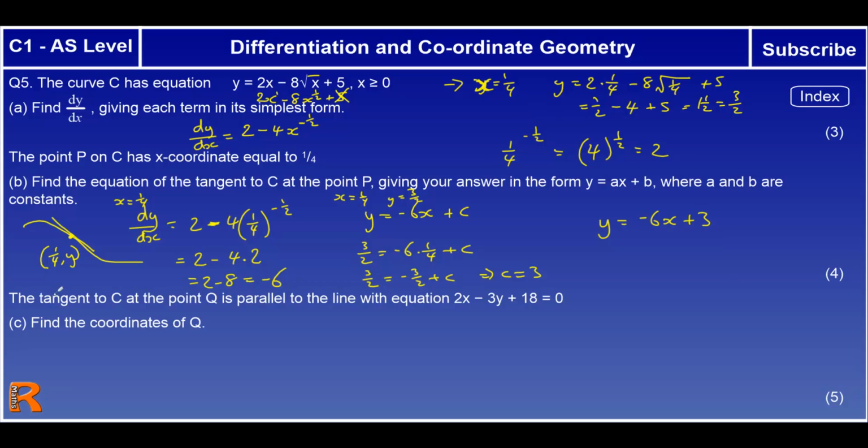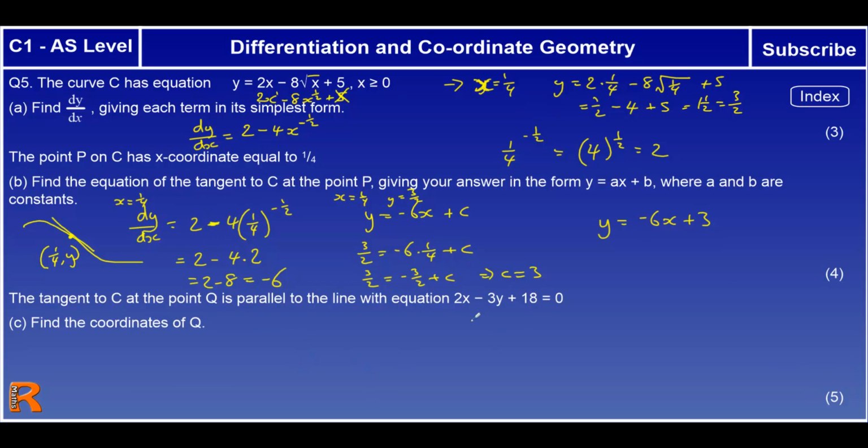And then we've got the tangent at the point Q is parallel to the line with the equation blah blah blah. Find the coordinates of Q. So a point Q is parallel to this, so if we can find the gradient of this, then we can put it into this thing to find the x value.